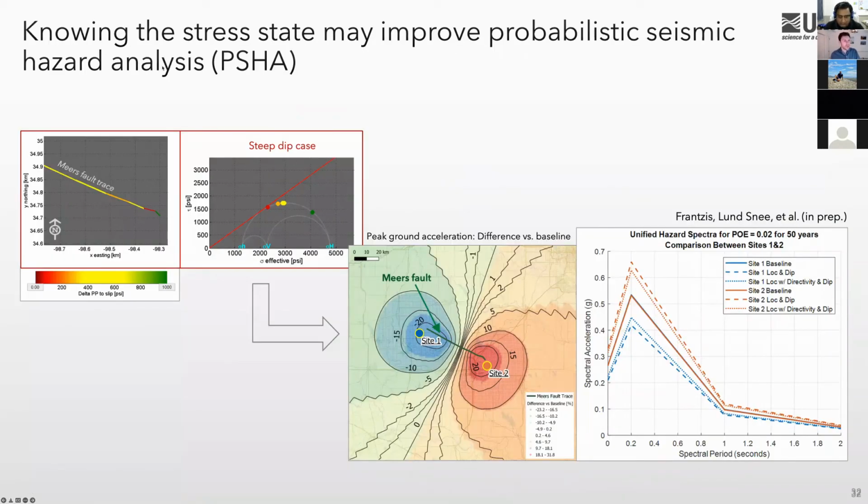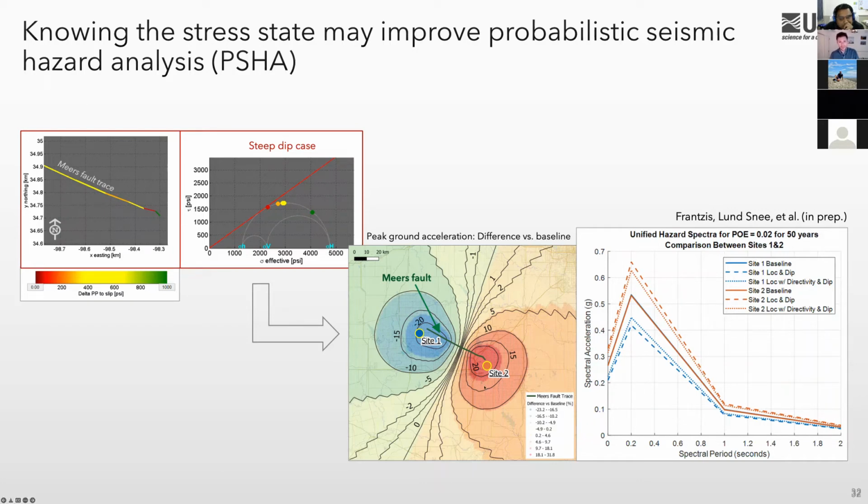And I'll just make a quick note that we have work underway right now, me and a couple of people from the U.S. Geological Survey and the University of Maryland, to investigate ways that understanding the state of stress might allow us to improve probabilistic seismic hazard analysis, which has typically been done without considering the state of stress at all.